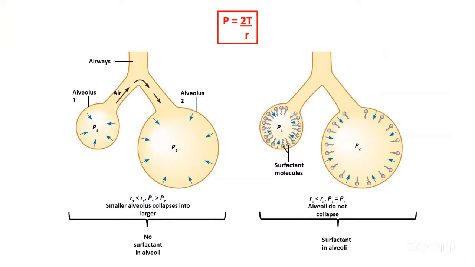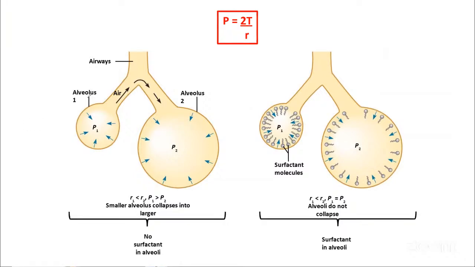This creates a little bit of a problem when we think about surface tension and water. We're going to solve the problem with this surfactant, okay? So this is drawn from something called Laplace's law, but we're going to piece it together here, okay?